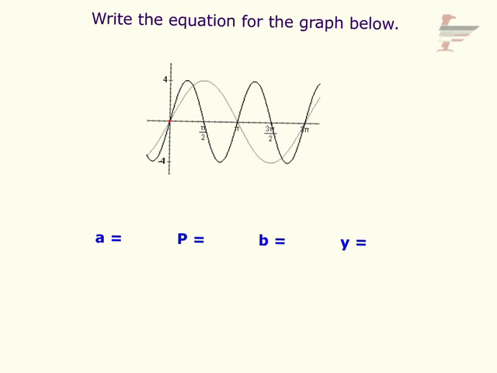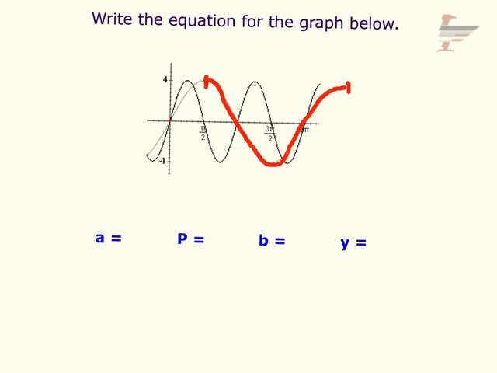Taking a look at this one, I'm again going to highlight the one that we're going to look at. We're going to start here, so starting here and ending here, that's the cycle that I want to look at.